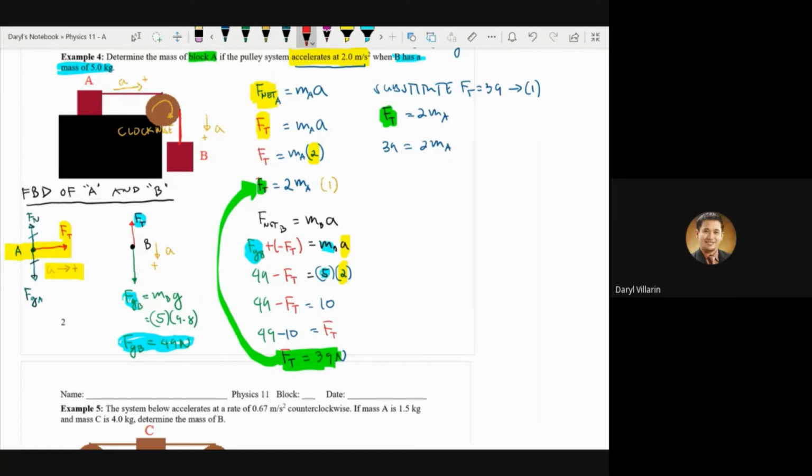So now I'm just going to divide both sides. I'm solving for Ma in this case. So divided by 2, Ma will give me 19.5. However, in two significant digits, Ma is around 2.0 times 10 to the power of 1 kilograms. Okay, so the mass of your first object must be 20 kilograms.